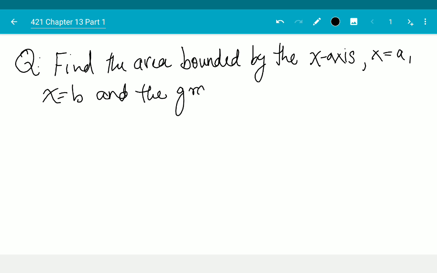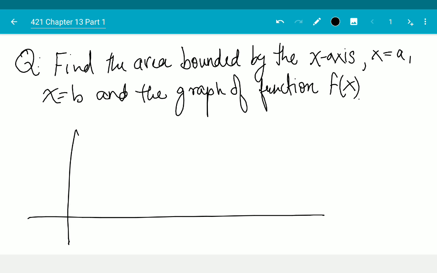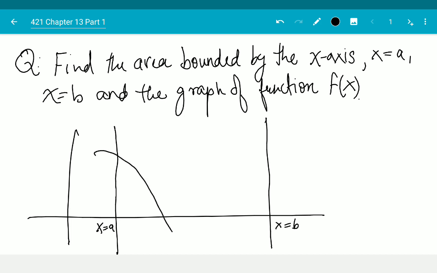So this is going to look like this: this is my x is equal to a, x is equal to b, and maybe I have some graph which is something like this.